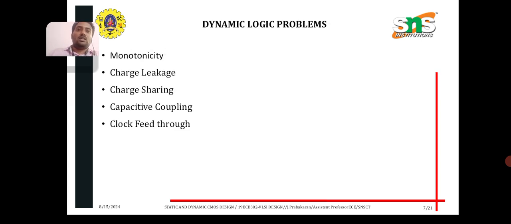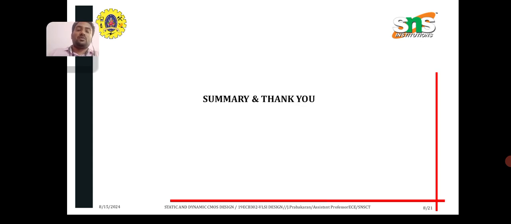It has some disadvantages: monotonicity, charge leakage, charge sharing, capacitive coupling, and clock feedthrough. Dynamic CMOS logic circuits are designed to leverage the temporary storage of charge for faster operation and potentially lower power consumption.